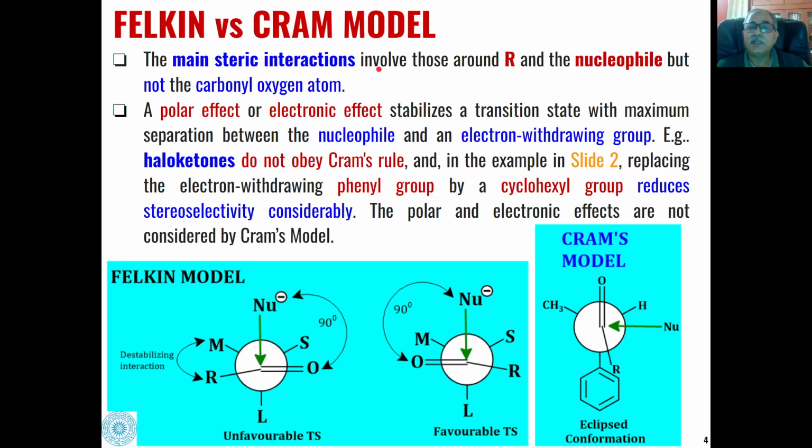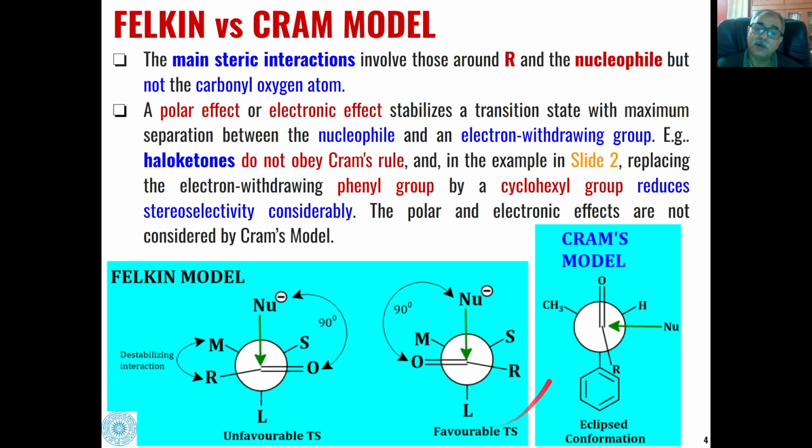So the main steric interaction involves R and the nucleophile, but not the carbonyl oxygen atom. If we consider the two possible transition states in the Felkin model, this will be the most favorable transition state, where the main steric interaction involves R and the nucleophile, and not the carbonyl oxygen and the nucleophile.